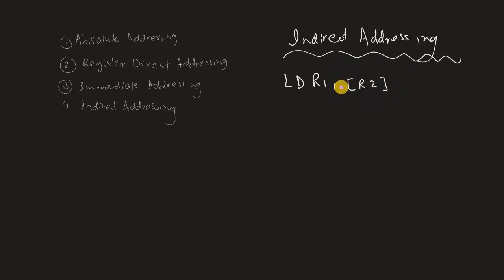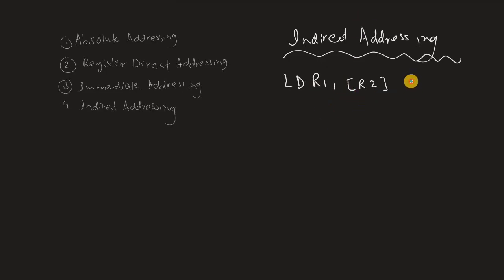That's how you distinguish between indirect addressing and register direct addressing, because here you have brackets, which signify the memory. So what does this basically mean? This means that you use the memory address in R2 and store the contents in R1.